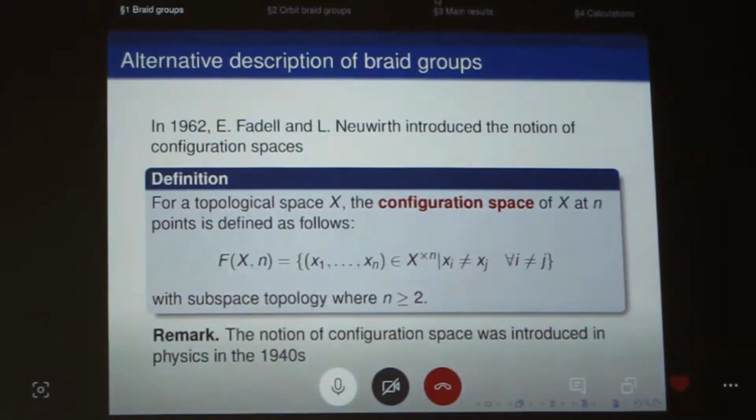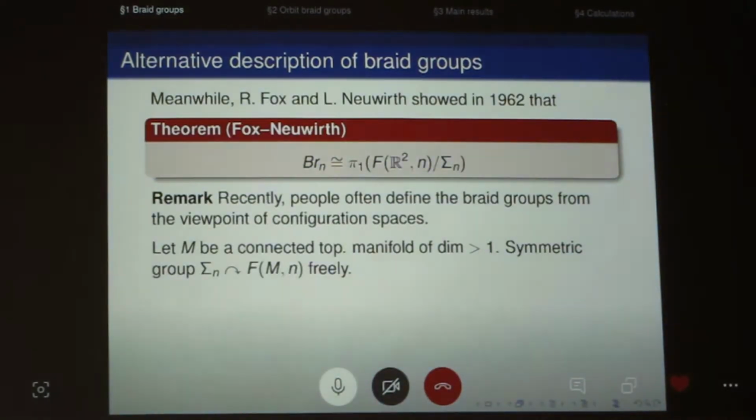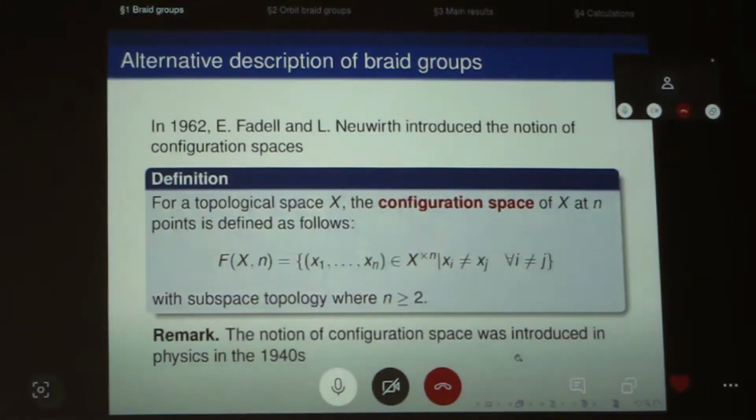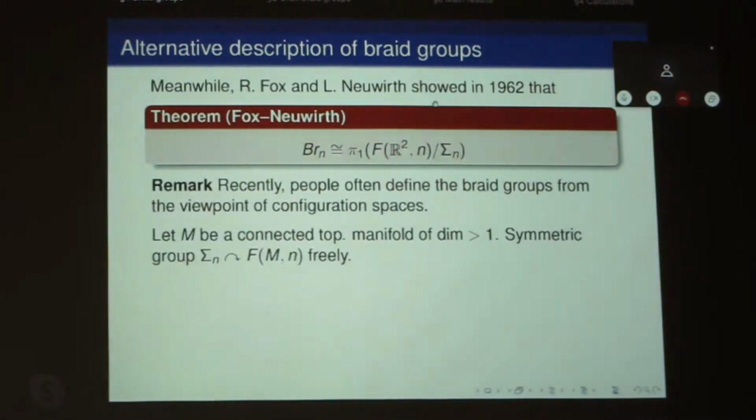At the same time, Fox and Neuwirth showed that this result gave another description of the braid group. This one is isomorphic to the fundamental group of the quotient space, this configuration space divided by the symmetric group.